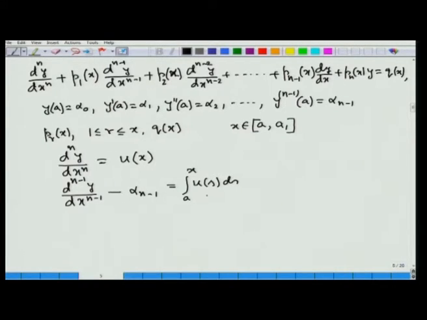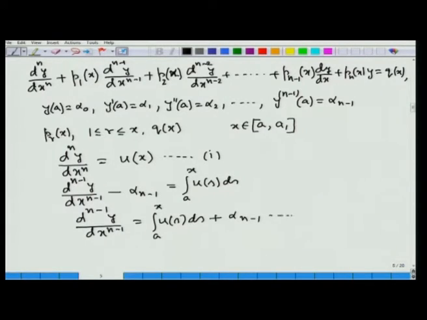Next, we can transfer this quantity onto the right hand side to get d^(n-1) y/dx^(n-1) equal to the integral from a to x of u(s) ds plus alpha n minus 1. We call this expression 1, this as 2.